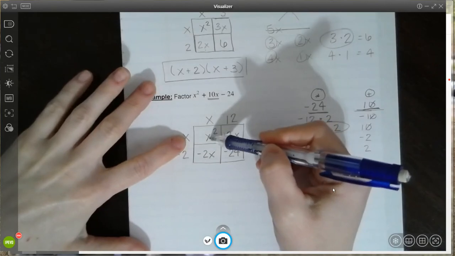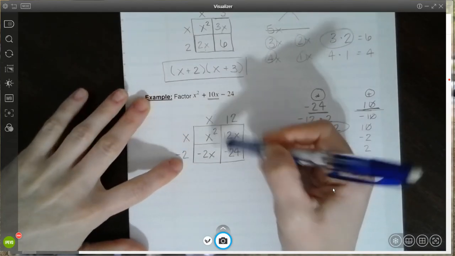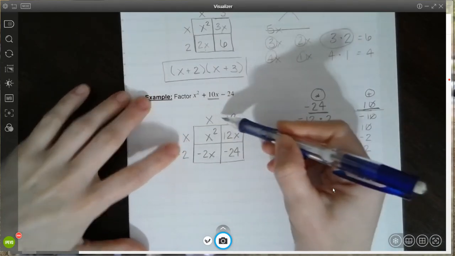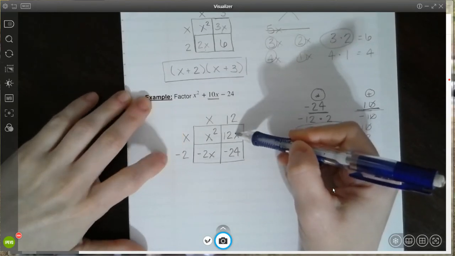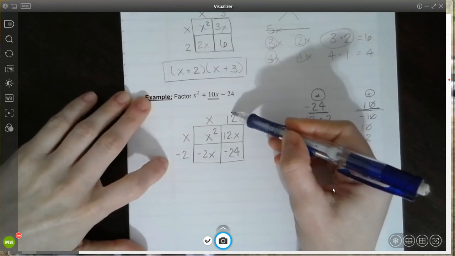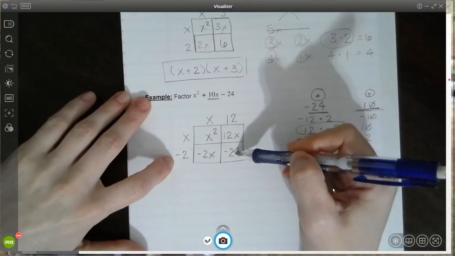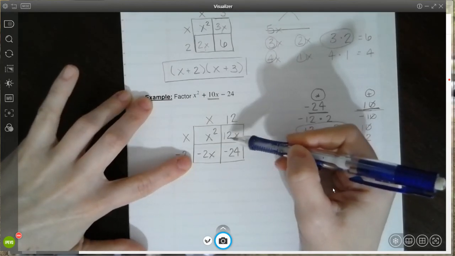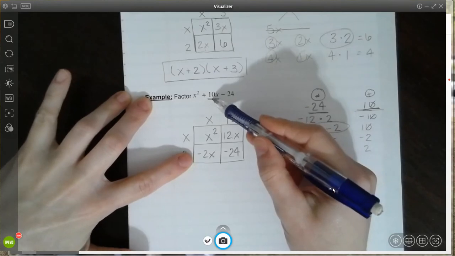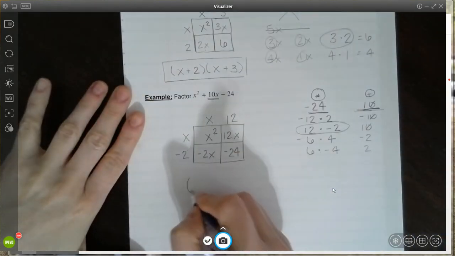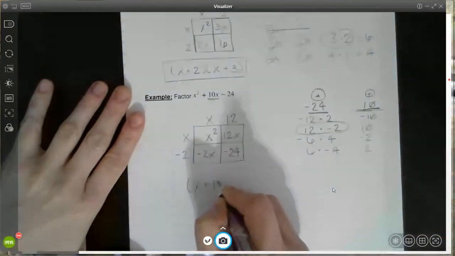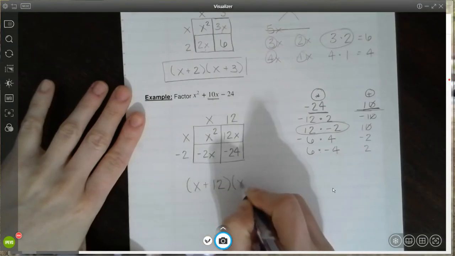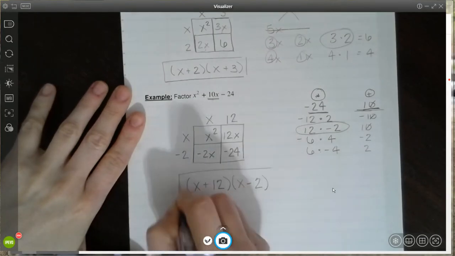Now, if I multiply everything, it should work. x times x gives me x squared. Negative 2 times x gives me negative 2x. x times 12 gives me 12x, and negative 2 times 12 gives me negative 24. When I combine these two together, 12x minus 2x gives me 10x. So here my factors are x plus 12 and x minus 2.